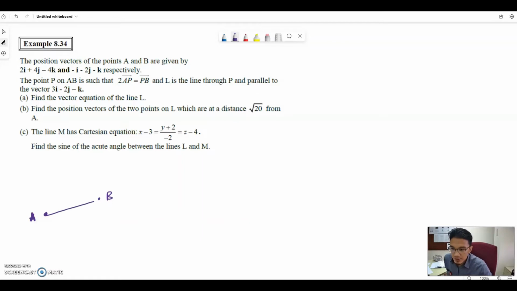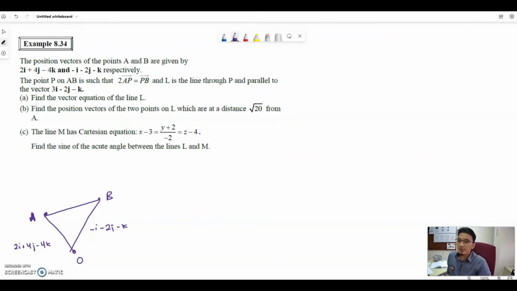We have point A and point B, and we are given the position vectors from the origin O, so we have vector OA and vector OB. The position vector of A is 2i plus 4j minus 4k, and B is negative i minus 2j minus k.